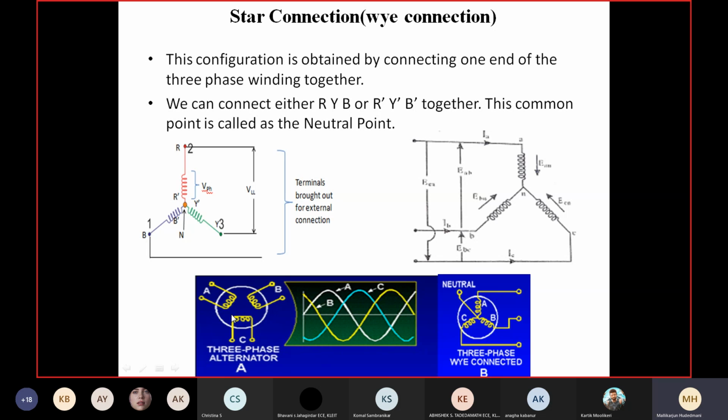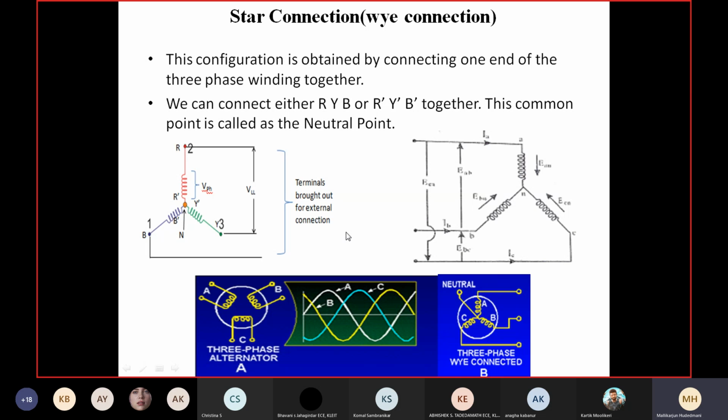Like the A, B, C groups mentioned, you can say A to N common point, B to N common point, C to N. The same structure is drawn with the common point at the center. A, B, C are the left-off points brought out for external connection.